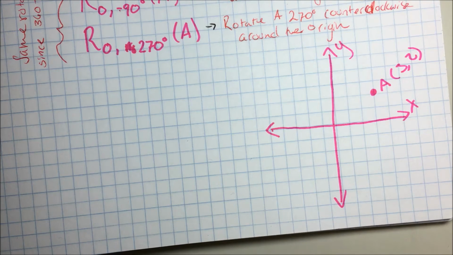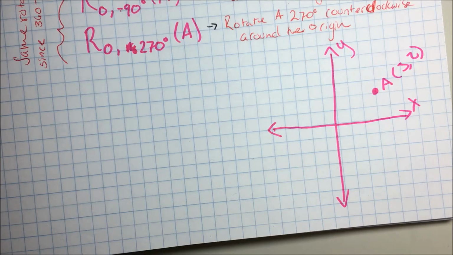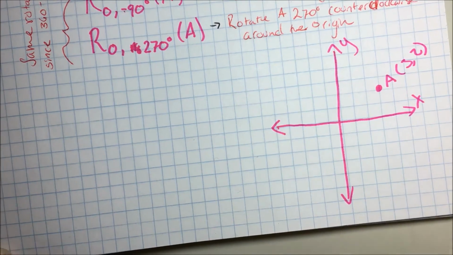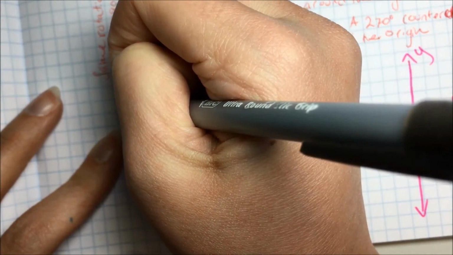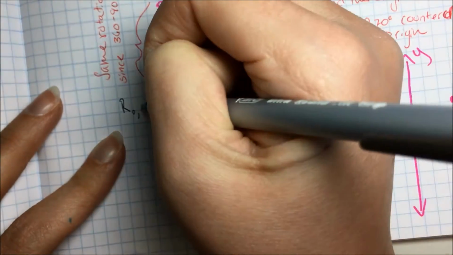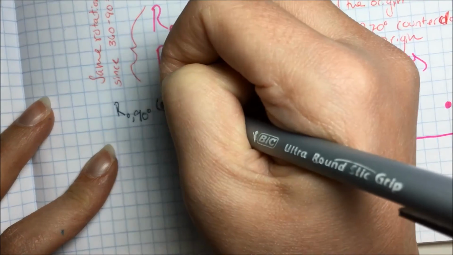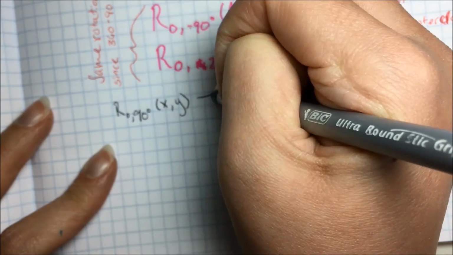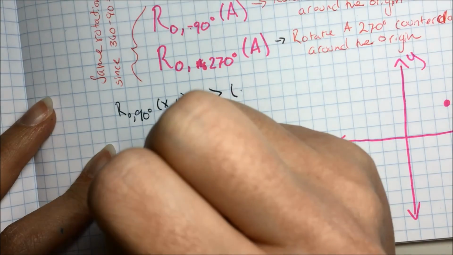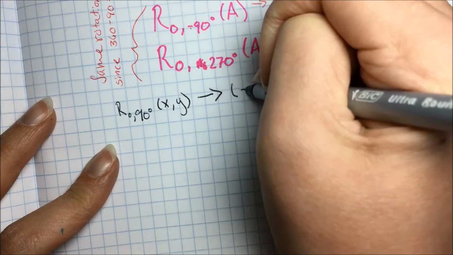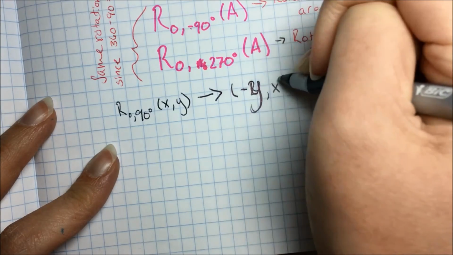So basically, every time you rotate around the origin 90 degrees, you switch the x and the y and make the x value negative. So if I were to rotate around the origin 90 degrees, x comma y, that would result in negative y comma x.